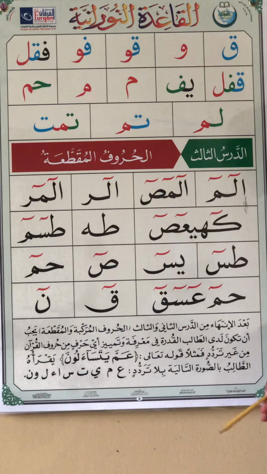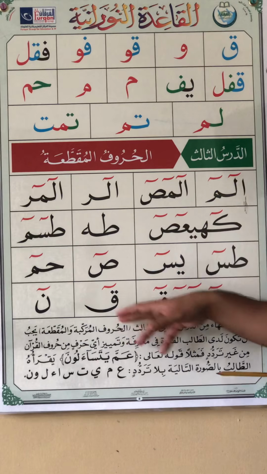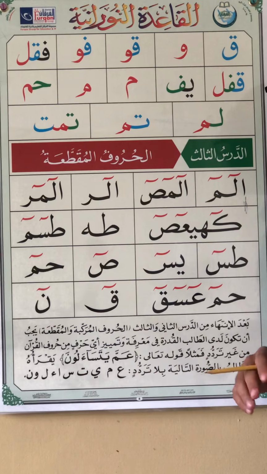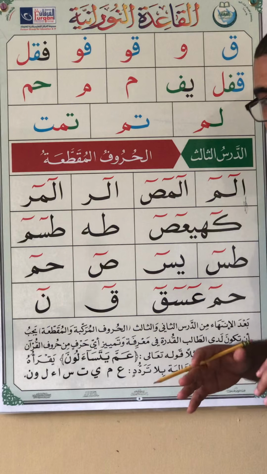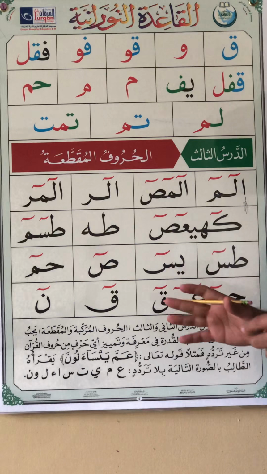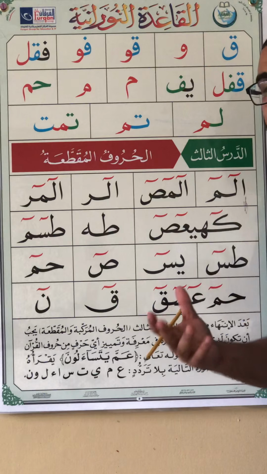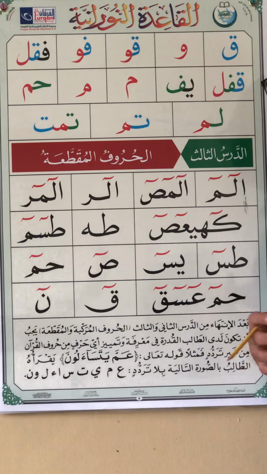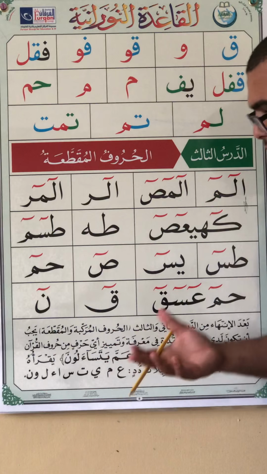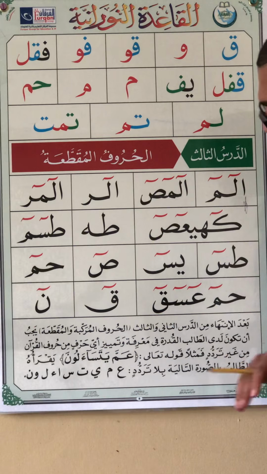By the time we finish this lesson, we will be able to pronounce and read any letter in the Quran, inshallah. Just by reading, we will be able to tell which letter it is and how to write it. That's the goal after we finish this lesson, inshallah.